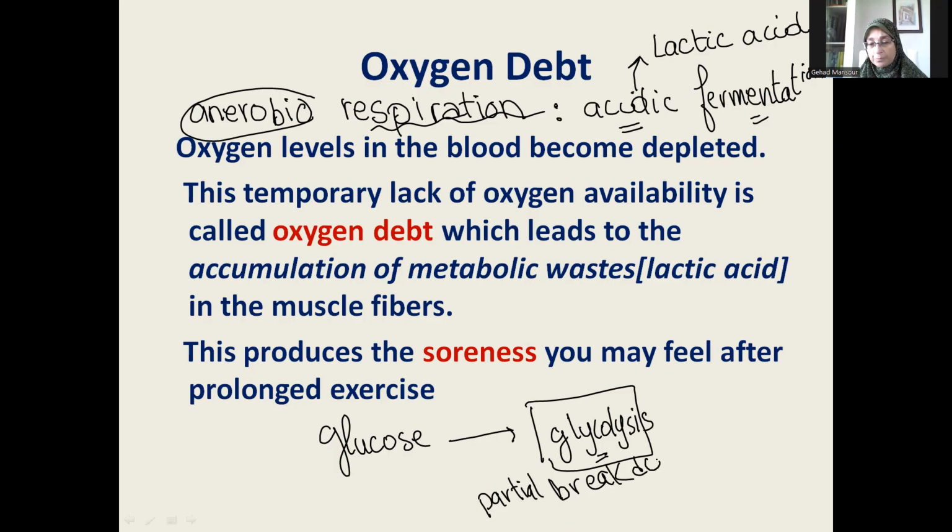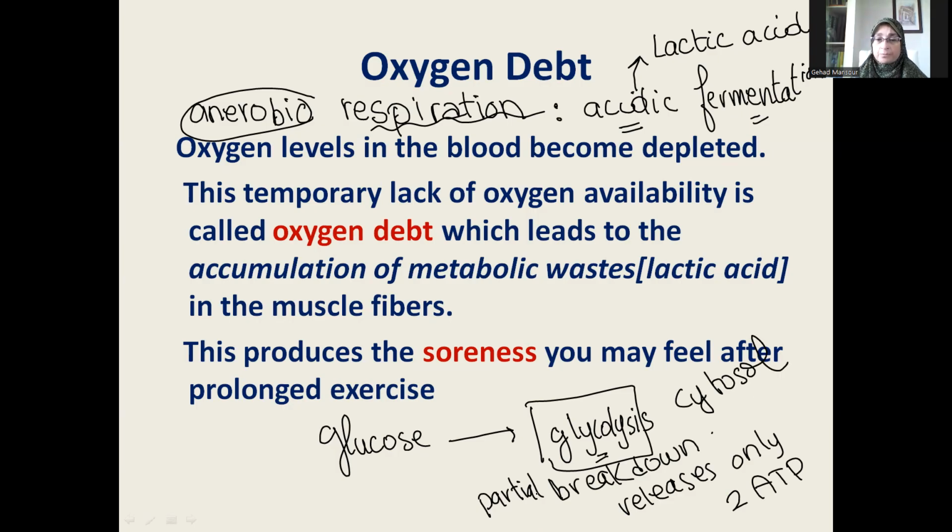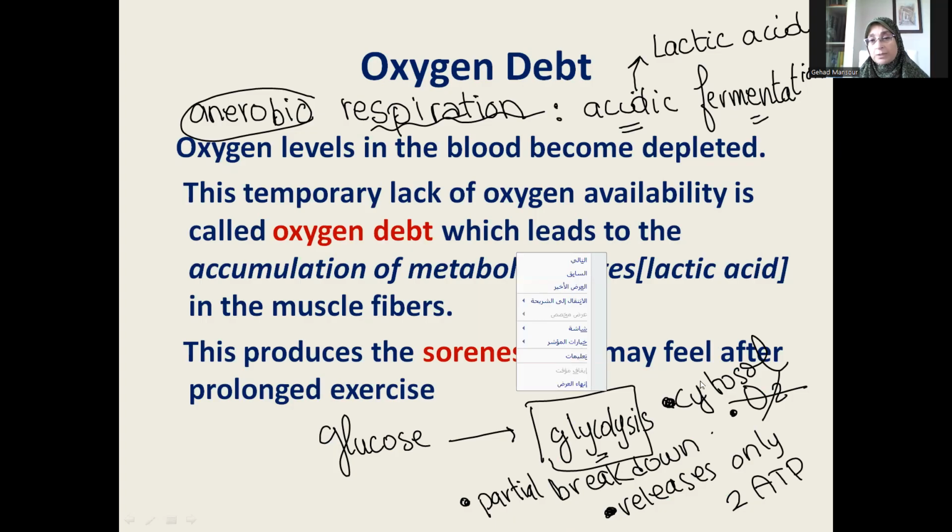It releases only 2 ATPs, so it does not give a lot of ATP molecules. It occurs in the cytosol, meaning that you don't enter the mitochondrion, and it does not need oxygen. It might occur in the absence of oxygen, but if there is oxygen, it can also proceed. This glycolysis is common whether we have oxygen or we don't.